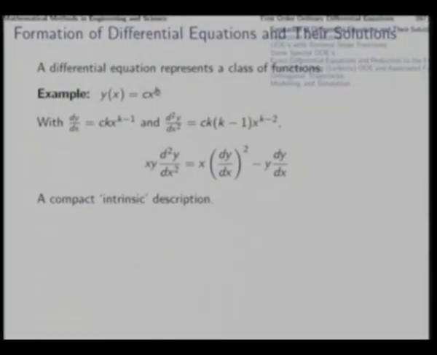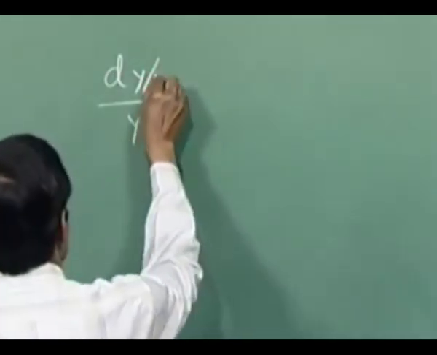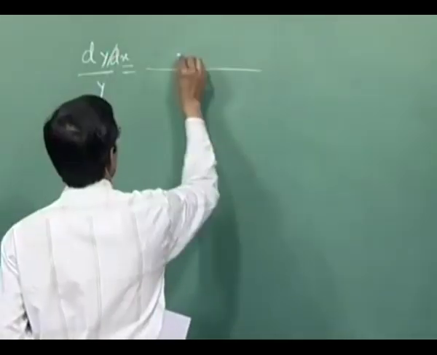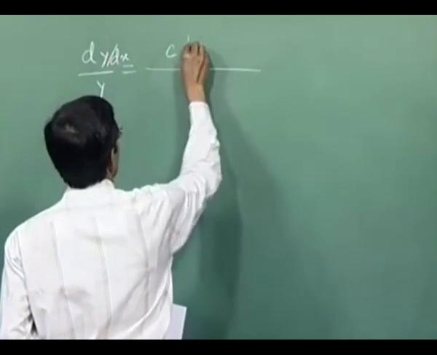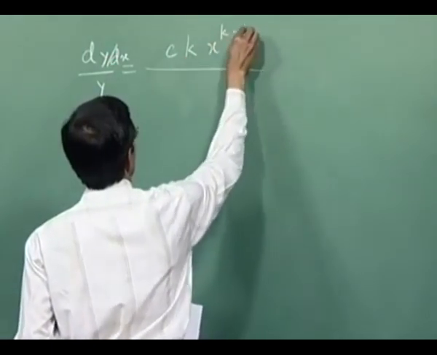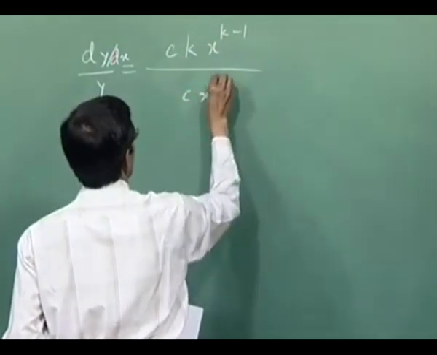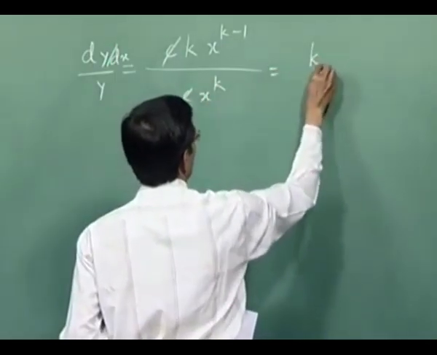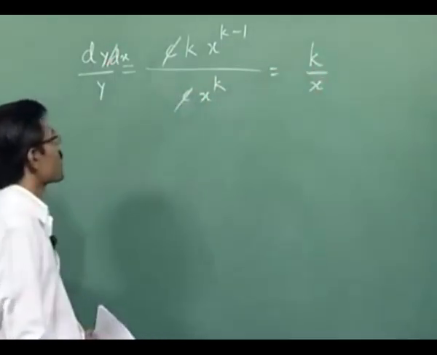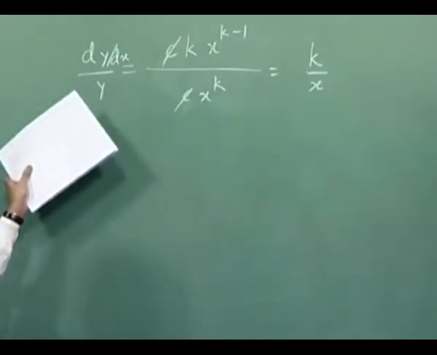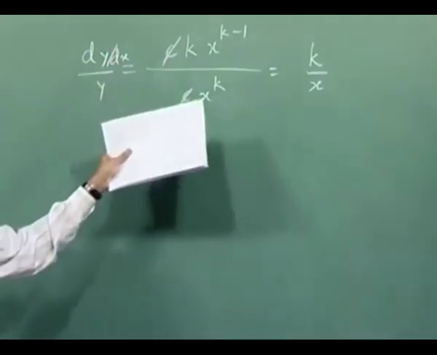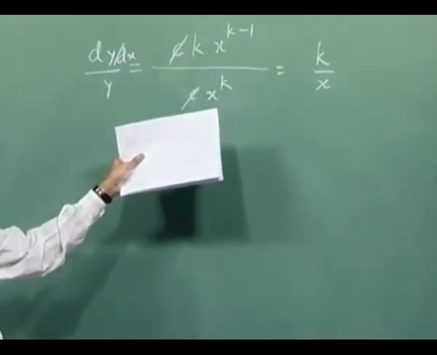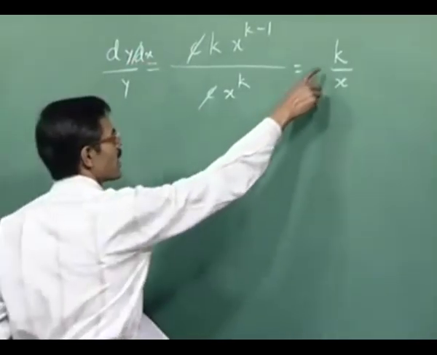So, c gets cancelled and most of the powers of x also get cancelled, and you get k by x. So, from here you find that one of the parameters c has been eliminated, but the other parameter k remains.